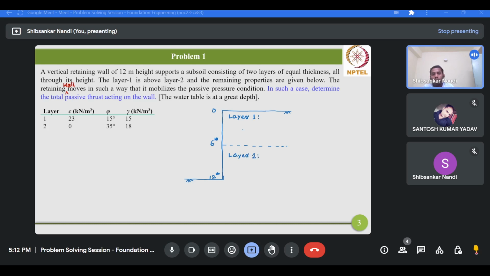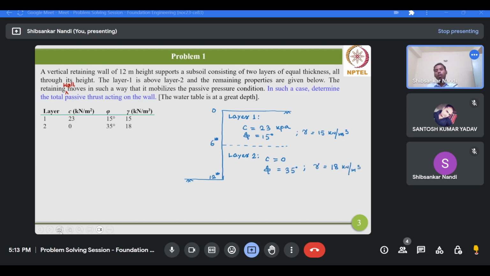For layer 1, there is a cohesion of 23 kPa, friction angle 15 degree, and unit weight 15 kilonewton per meter cube. For layer 2, it's purely cohesionless, so there is no cohesion. Friction angle is 35 degree and the unit weight is 18 kilonewton per meter cube.